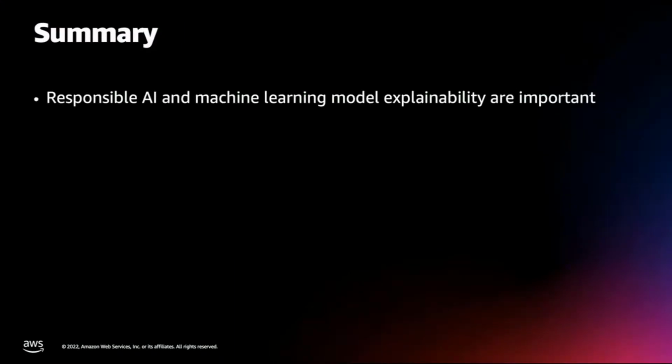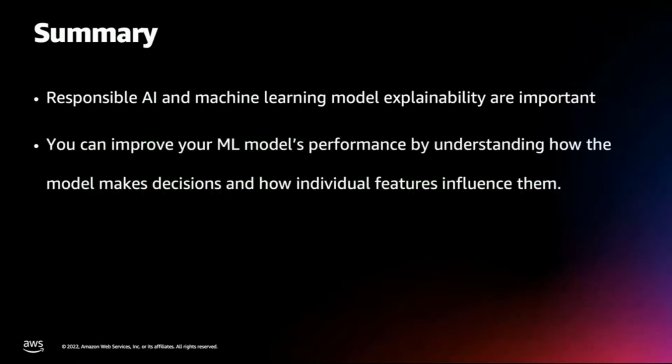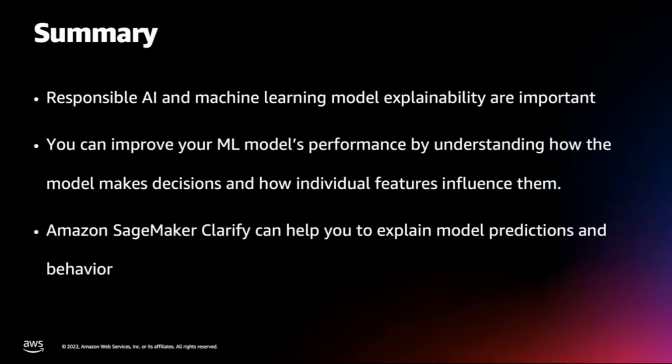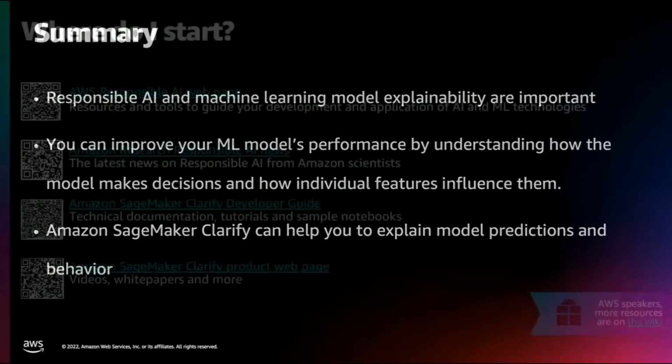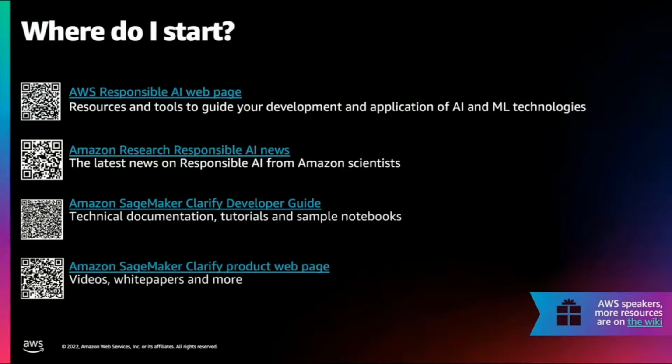we've looked at what responsible AI is, and hopefully you've learned about it. You've learned why explainability is needed and how it's done in principle with the SHAP algorithm, and how specifically SageMaker Clarify helps you there. And at this point, if you want to go further, here is a set of links that you can follow, and you get a lot of resources around the topics of responsible AI.